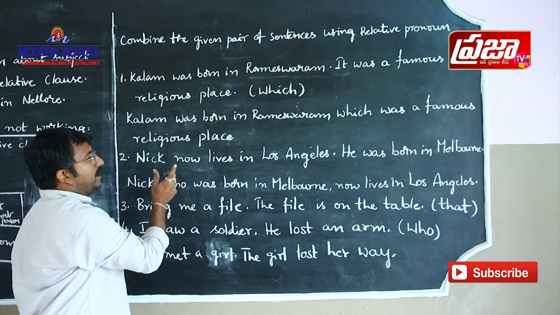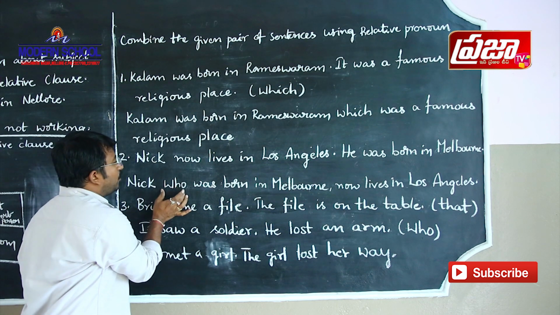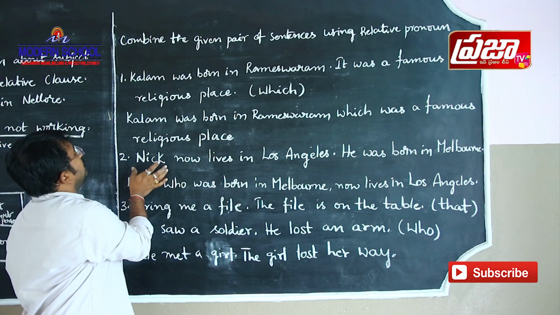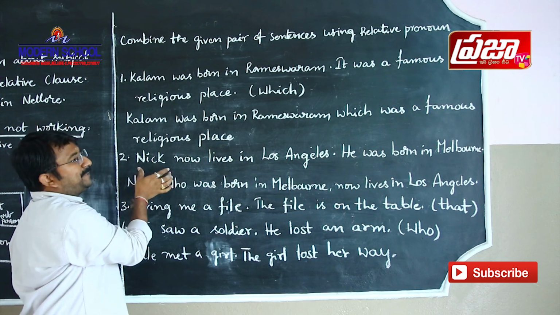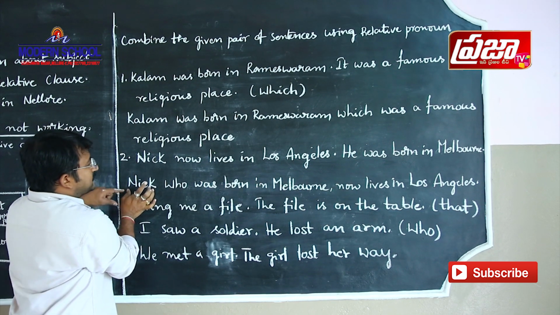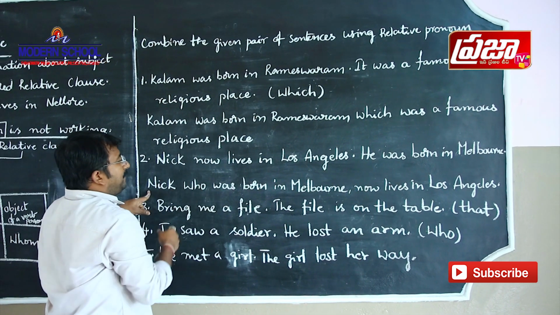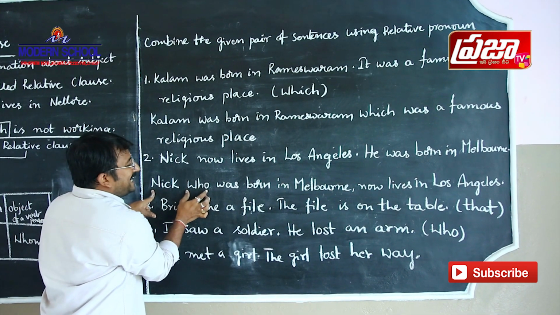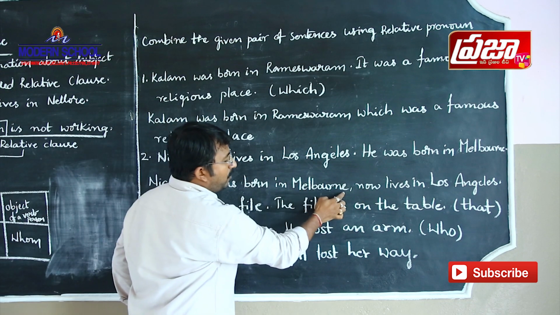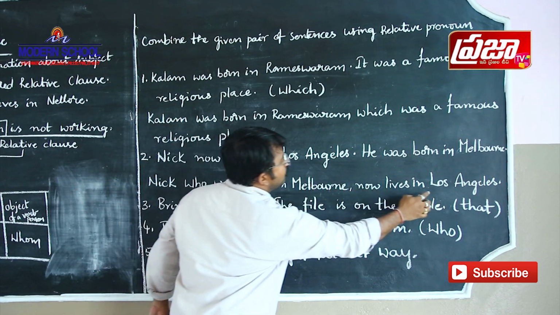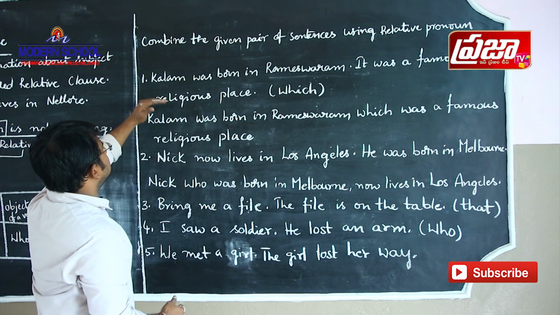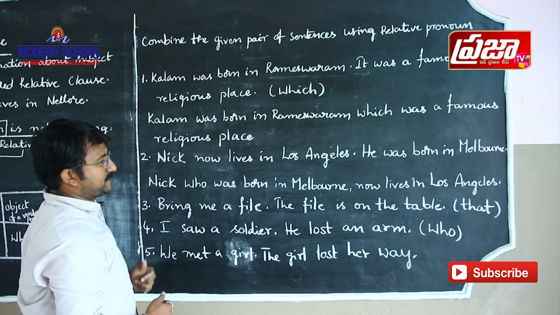We have to use who. Why should we use who? Because this noun refers to a person. So after this noun, at the time we combine the given pair of sentences, we have to use a relative pronoun. So: Nick, who was born in Melbourne, now lives in Los Angeles. In such a way, we have to combine the given pair of sentences.